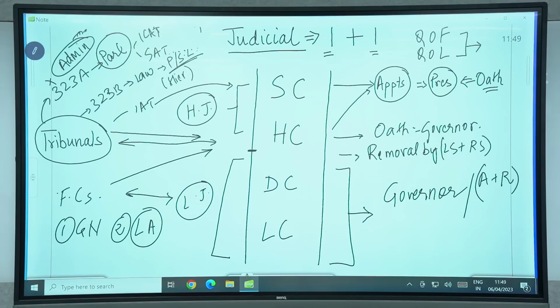The name Gram Nyayalaya, a court of the villages. District court at the district level, civil and criminal courts at the block level approximately. Yes. And then below that are your villages. They also require legal representation.